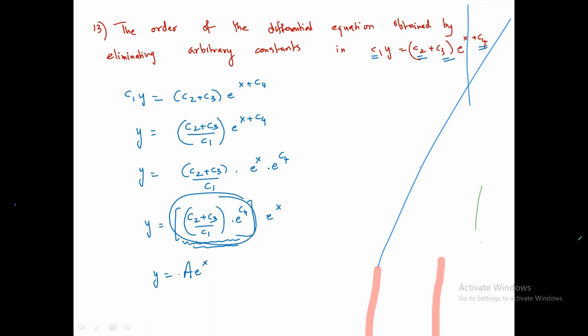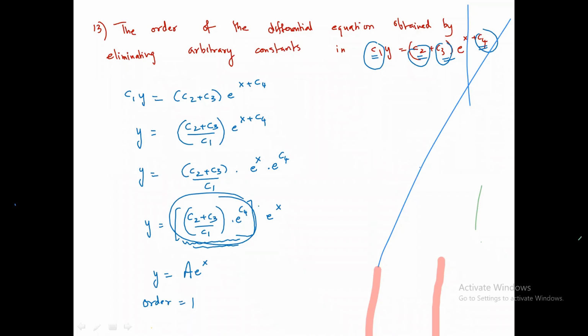Because I have only one constant, the order also will be 1. It depends on how many constants there are. In the beginning itself, you may see C1, C2, C3, C4, four constants, and say 4 is the order, but that is not right.